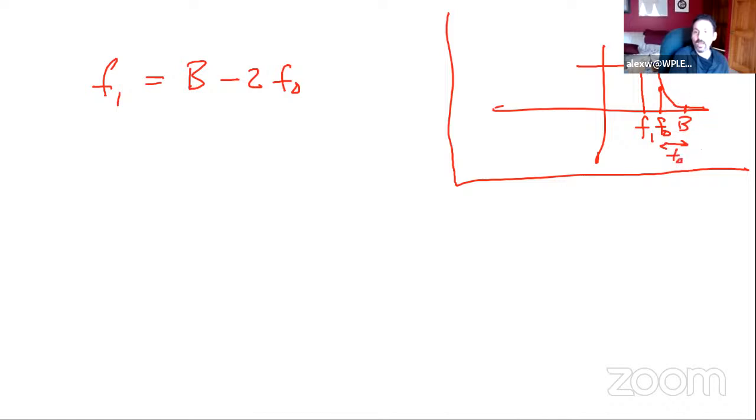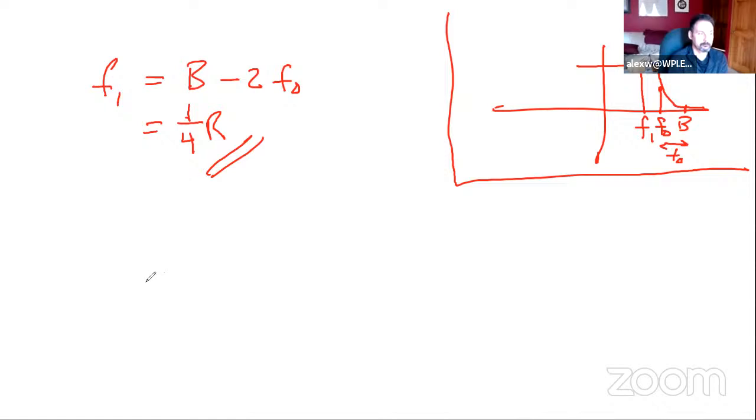And from F naught to F1 is also F delta, since this is equally spaced. So from B to F1, it's 2 F delta, hence this expression. If we work this out, it's also 1/4 R. So cool.